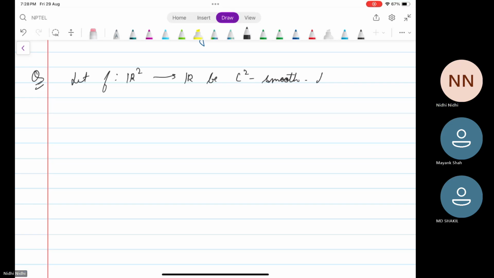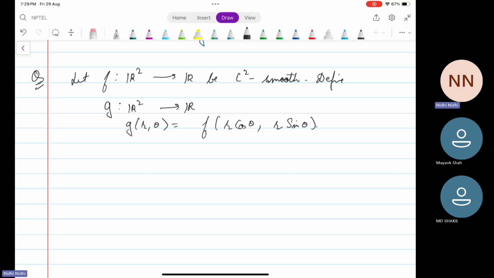Then we define a function g from R2 to R as g at r, theta equal to f at (r cos theta, r sin theta). So basically we are converting f into its polar coordinates. We are taking x equals r cos theta and y equals r sin theta.